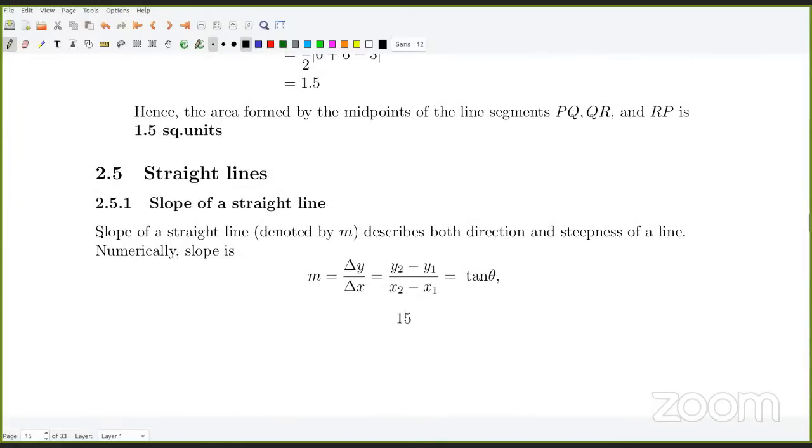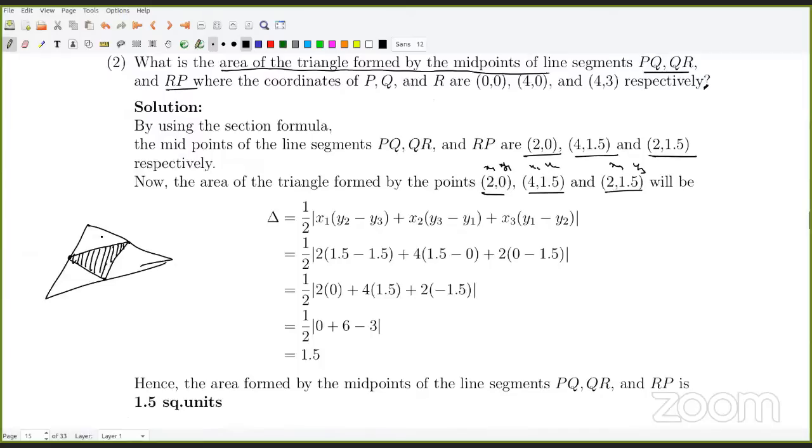Find PQ, QR, RP. The coordinate of P is 0, 0, but here it is 2, 0. See, these are the midpoints of the line segments PQ, QR, and RP.